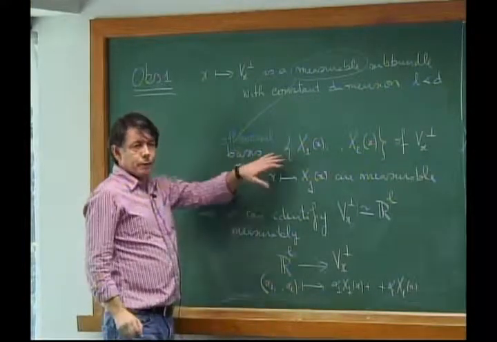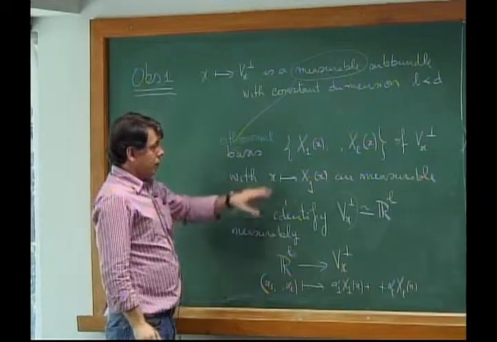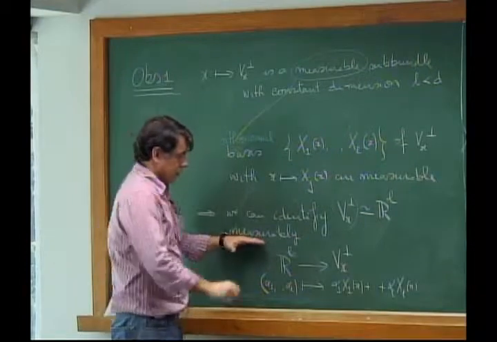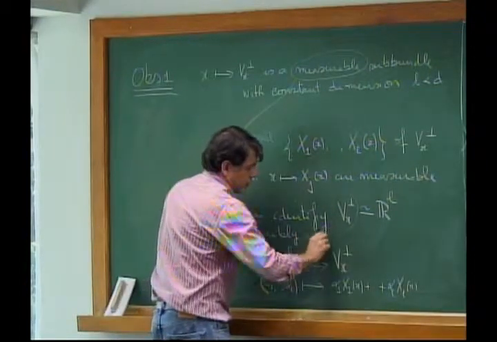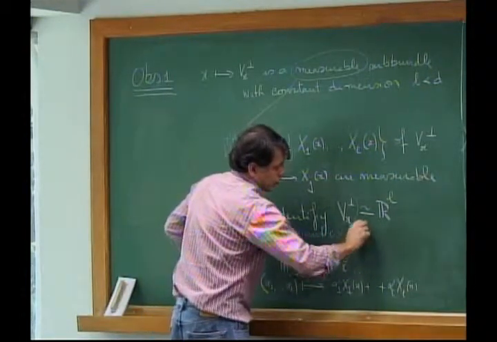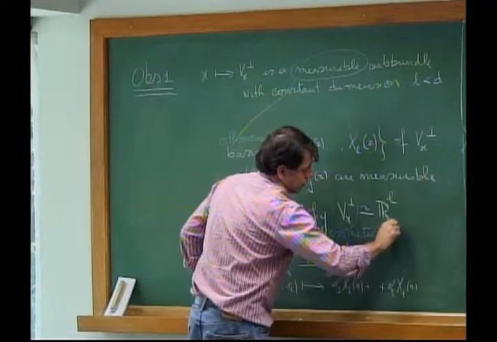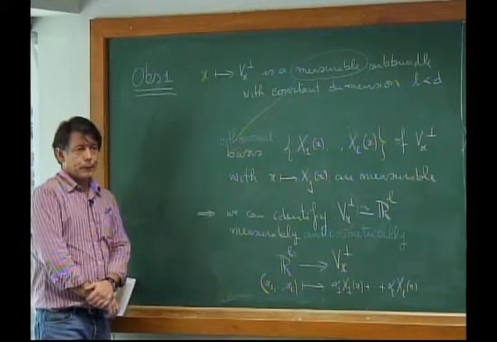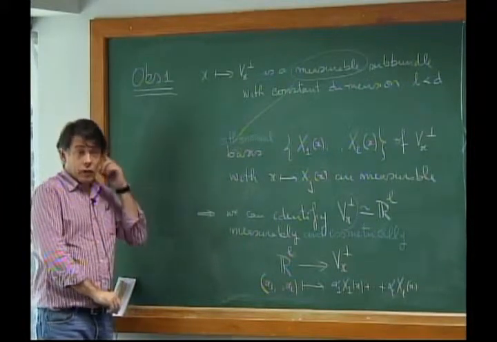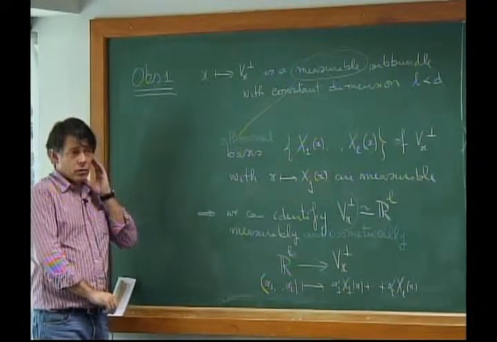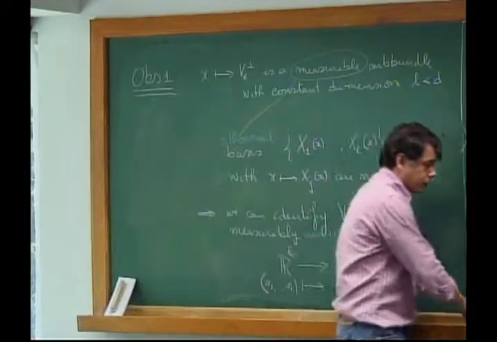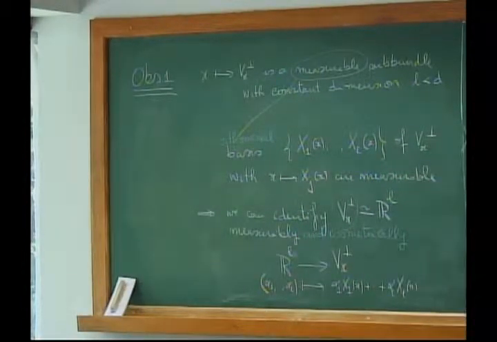And if this is an orthonormal basis, this identification is isometric, and so the norm doesn't change. I could also say, well, we are in finite dimension, all norms are equivalent, but this is even quicker.